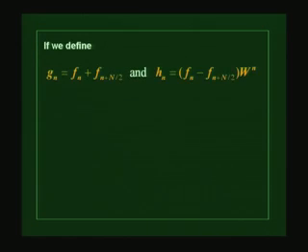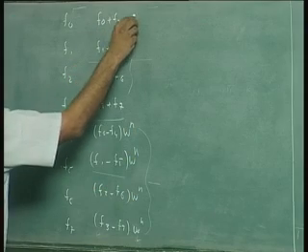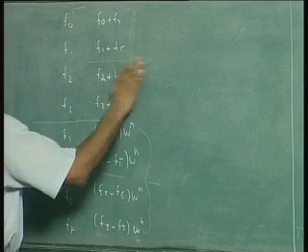Before that, let me just summarize this. What we are saying is we are defining new functions, which are f(n) plus f(n + N/2) and f(n) minus f(n + N/2).